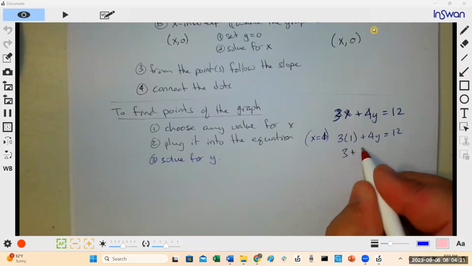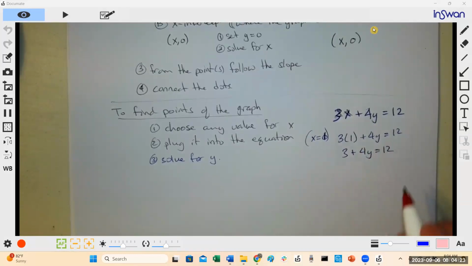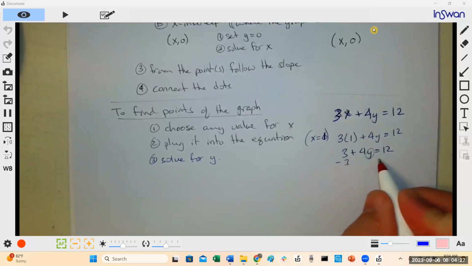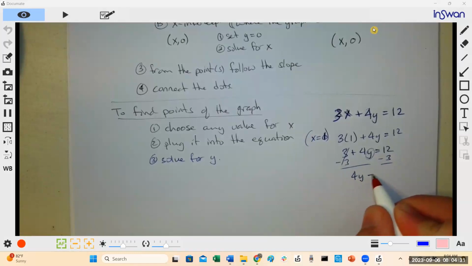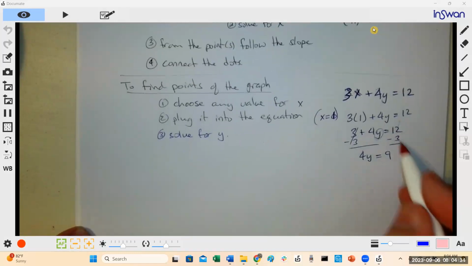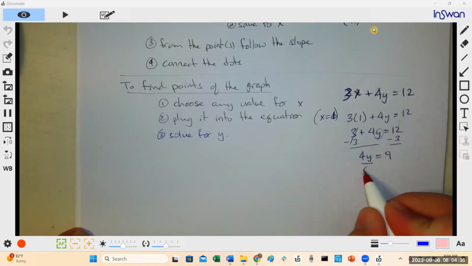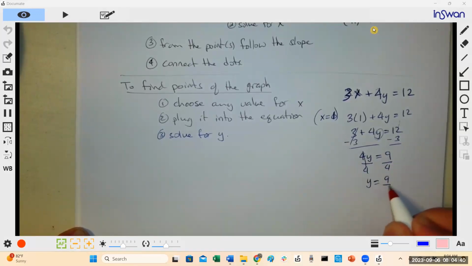So we get 3 plus 4y equals 12. Solve for y. Get rid of the 3 first. Twelve minus 3 is 9. And then divide both sides by 4. y equals 9 over 4. 4 goes into 9 twice, that's 2 with 1 left over.